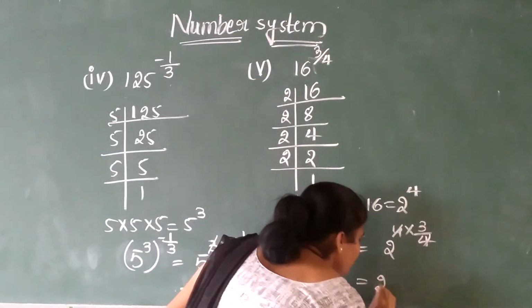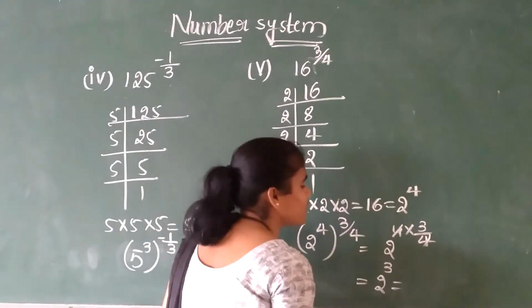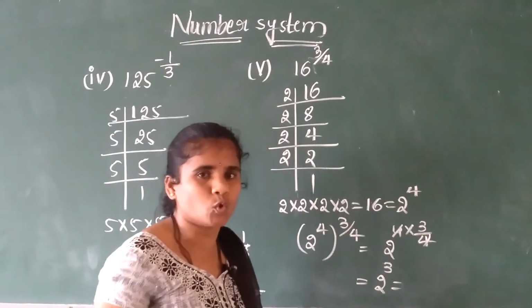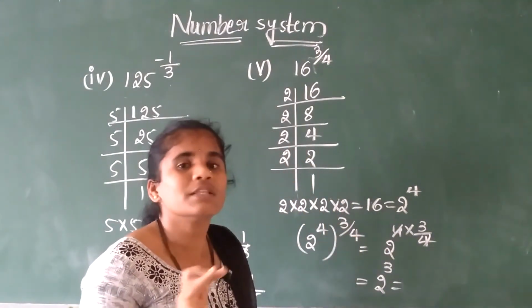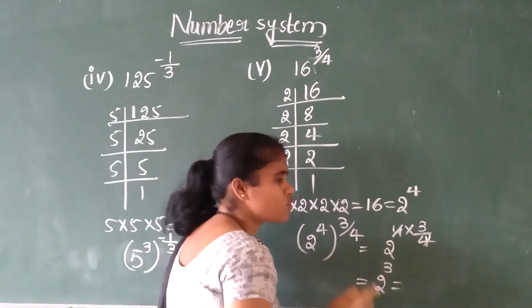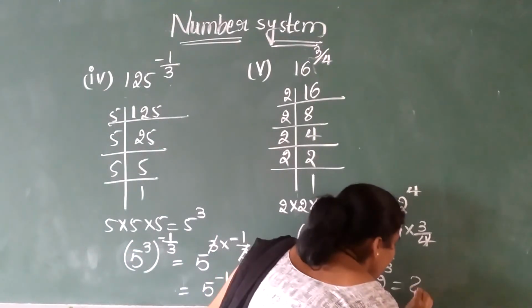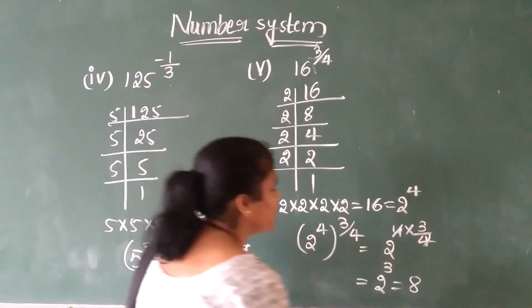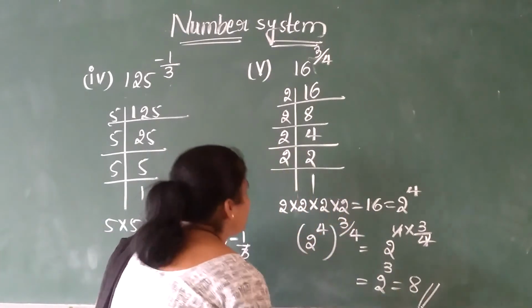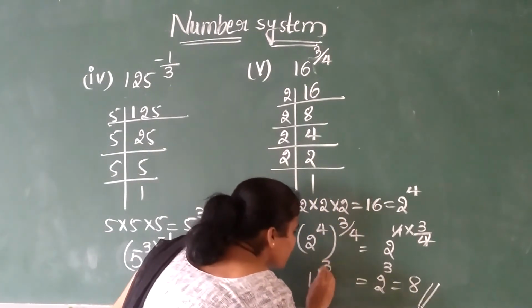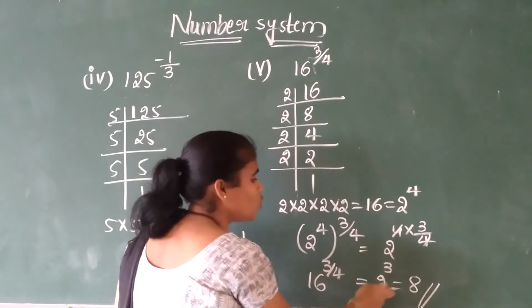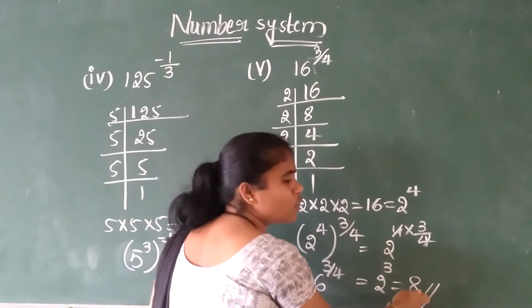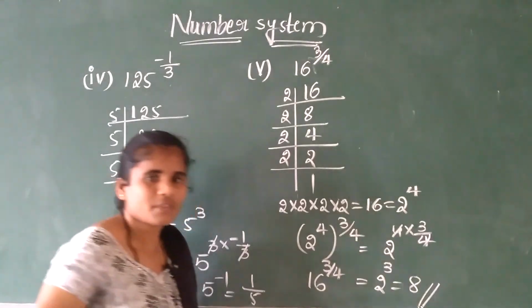You will get 2 cube. 2 cube is nothing but 2 into 2 into 2. We have to multiply 2 three times. So 2 2s are 4, 4 2s are 8. So you will get the answer, that is 16 to the power 3 by 4 is equal to 2 cube, which is equal to 8. Thank you.